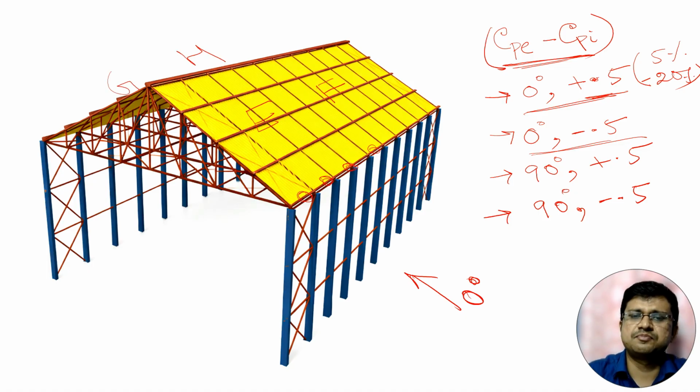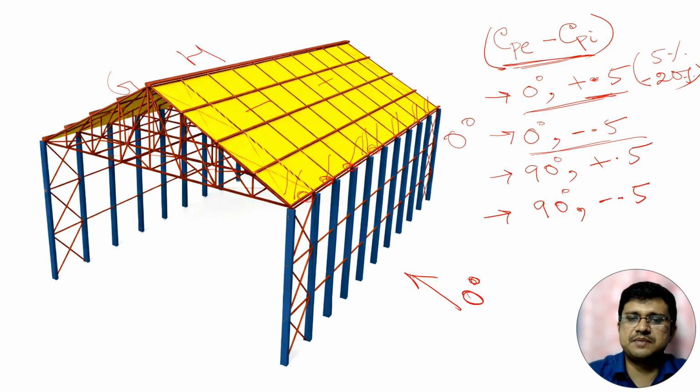We have to consider the Cp minus Cpi value of EF for this phase because wind is coming from this direction. This is 0 degree. And in this zone, up to 4 meter, we have to consider the local coefficient. If there is some purlin in this zone, that purlin will be affected by the local coefficient. And after that, we will consider the normal Cp minus Cpi value.